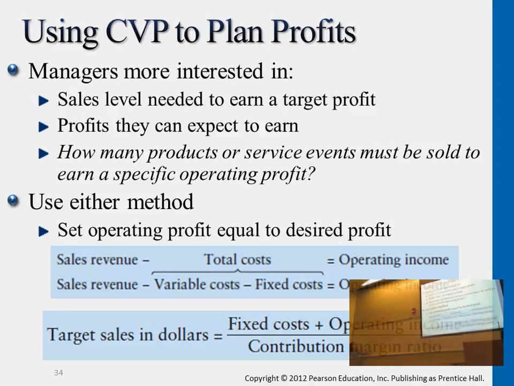So now we're not using 0 anymore, because if we set a target profit, then we'll be plugging in the operating income dollar amount here. We only use 0 when we're getting break-even point units or break-even point sales. If there's a target income, make sure to plug in the target income. Because if there's a target plan, it's not break-even, and you want to know how many units you need to sell in order to cover both fixed costs and also generate the particular planned profit.